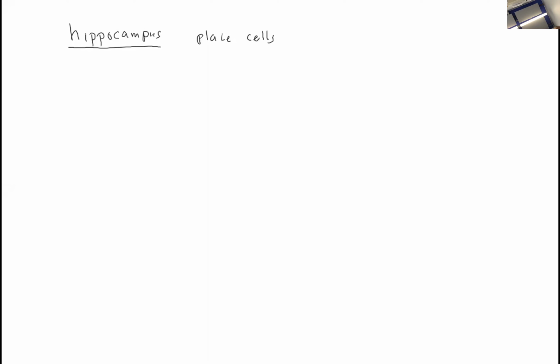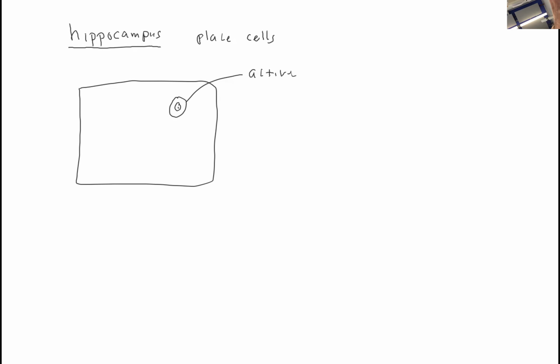If you put a mouse in some environment and you record from these place cells, a particular place cell fires, so it's active, when the animal is in one place.